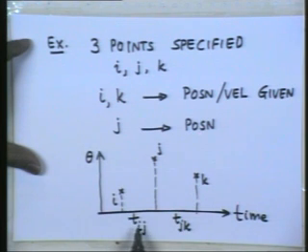So Tij refers to the time taken moving from I to J, and Tjk refers to the time taken moving from J to K. And at I and K, position and velocity are given, and at J only the position is given, velocity is left for the system to choose. So let's look at how we will solve this type of a problem.